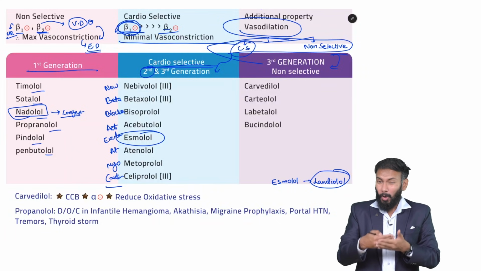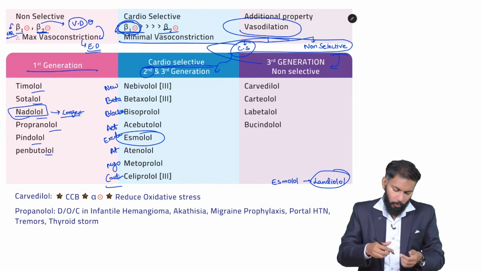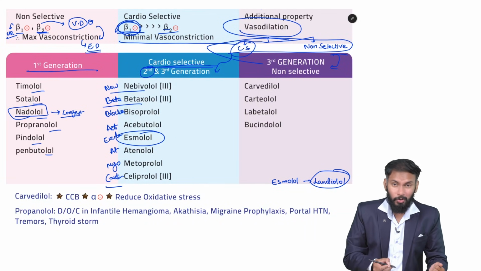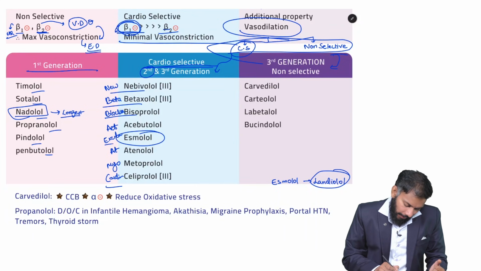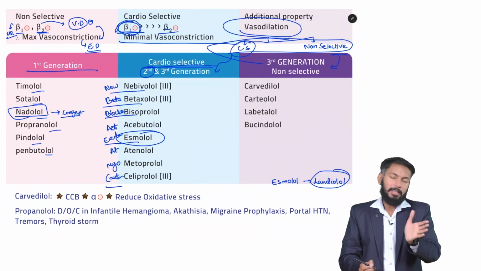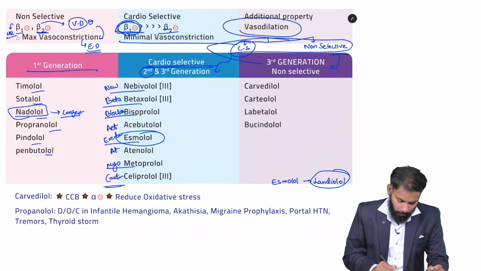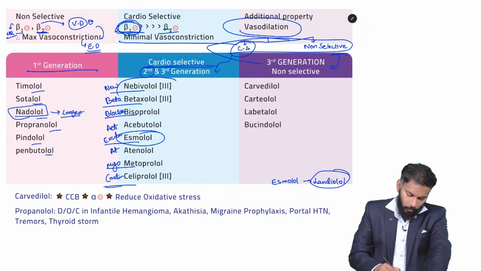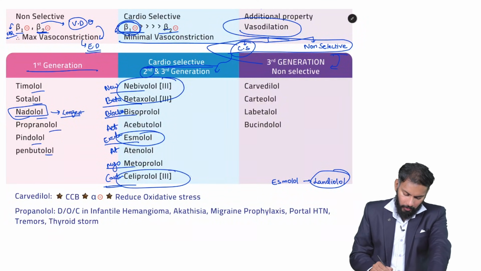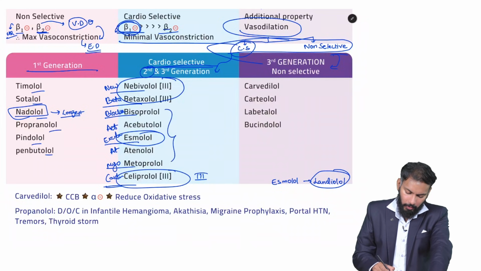New beta blockers act exclusively at myocardium. New is nebivolol, beta is betaxolol, blocker is bisoprolol, act is acebutolol, exclusively is esmolol, at is atenolol, myo is metoprolol, cardium is celiprolol. Now what is important? The first two, nebivolol, betaxolol, and the last drug are third generation, the rest all are second generation.